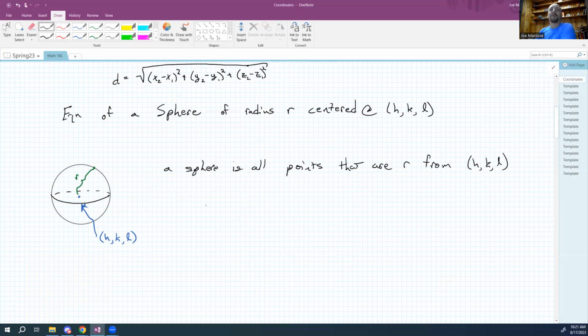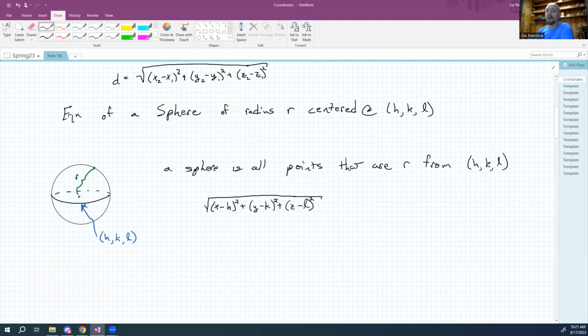So if I write that down, I'm saying the distance from any point to h comma k comma l is going to be given by applying the distance formula to an arbitrary point, x, y, z, and that center point.